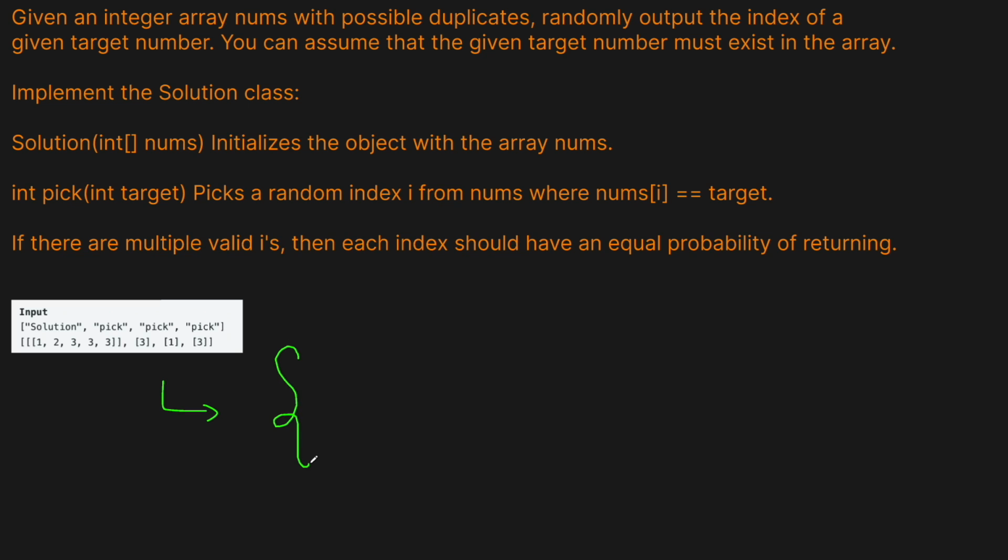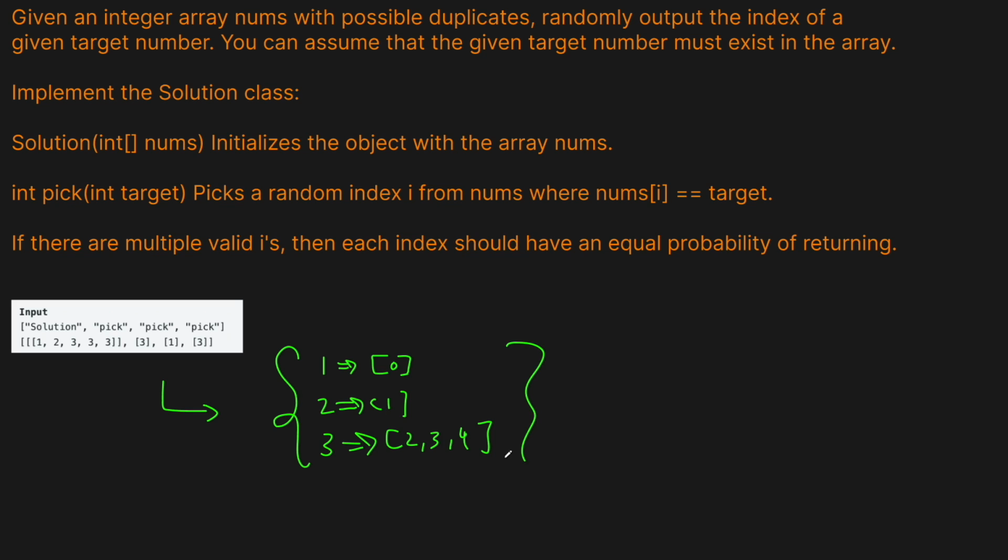So what we want to do is create a dictionary for each of the values, and map the indexes that we see it at, right? So 1 occurs at the 0th index, 2 occurs at the first index, and 3 now occurs at the 2nd, the 3rd, and the 4th index, right?